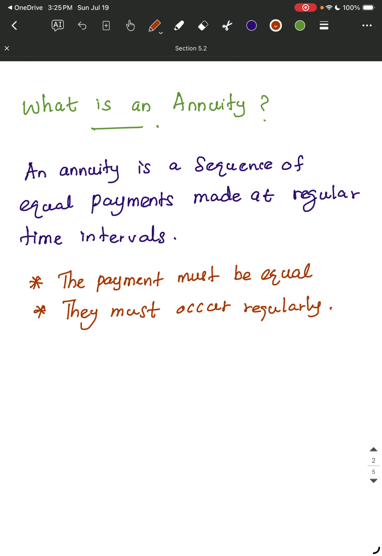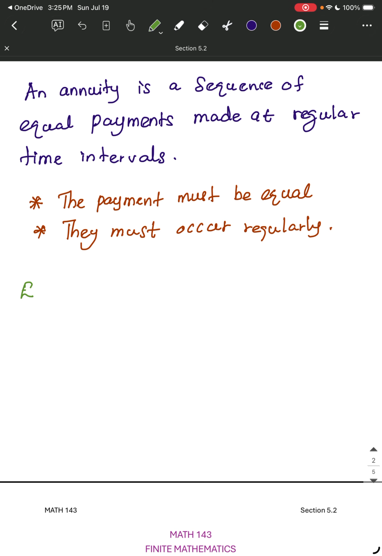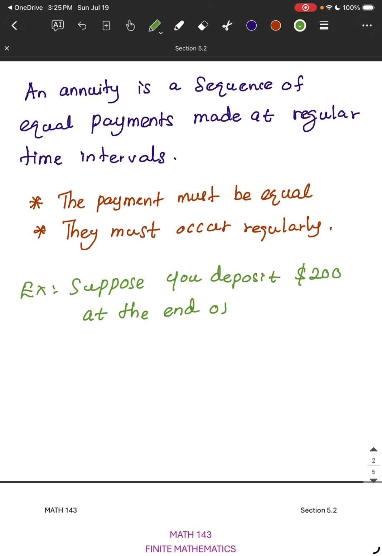Right. Let's see an example. Suppose you deposit $200 at the end of every month into a retirement account.